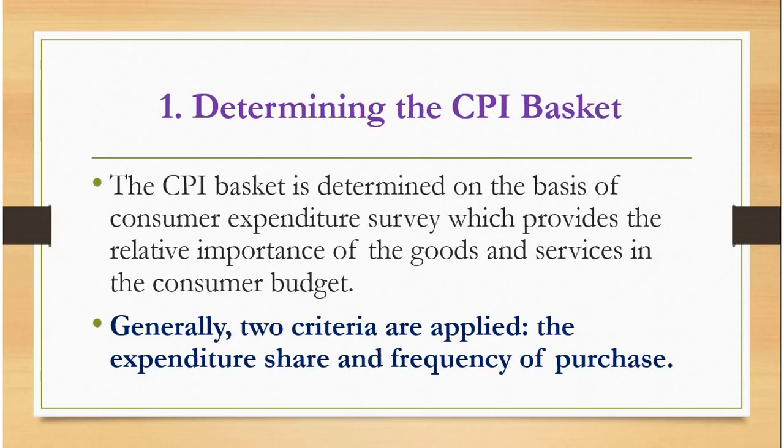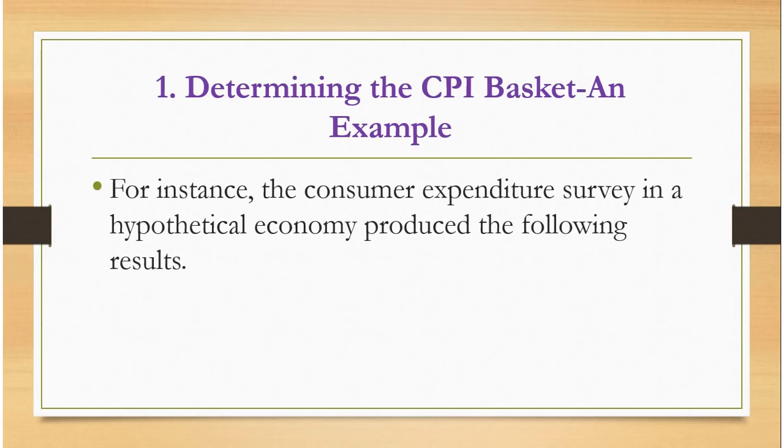The representative items are called the CPI basket, and such a basket is selected on the basis of a consumer expenditure survey or household budget survey. This survey provides the expenditure share of households or the relative importance of goods and services in the consumer's budget. Generally, two criteria are used to select the goods and services in the CPI basket. The first one is the expenditure share of goods and services, and the second one is the frequency of purchase.